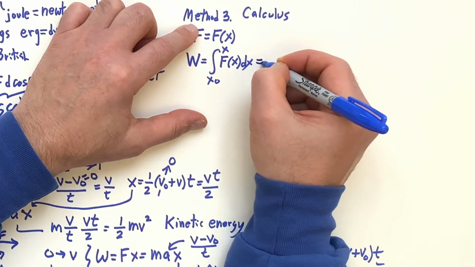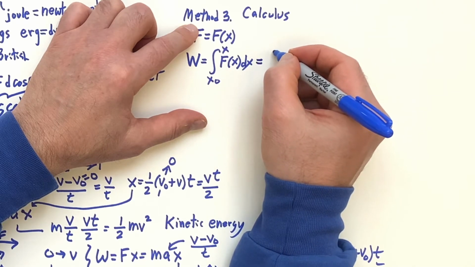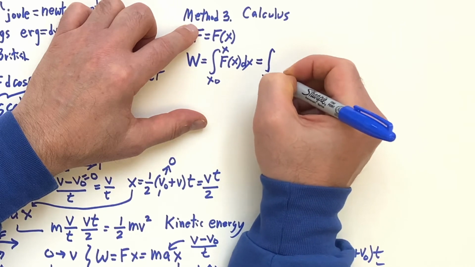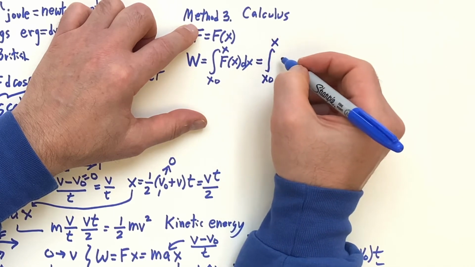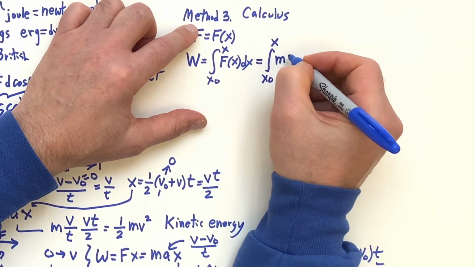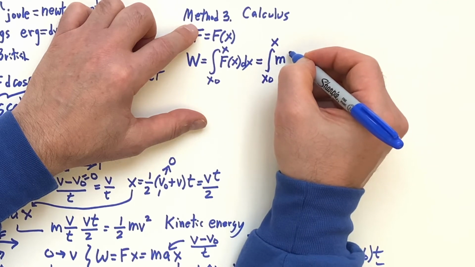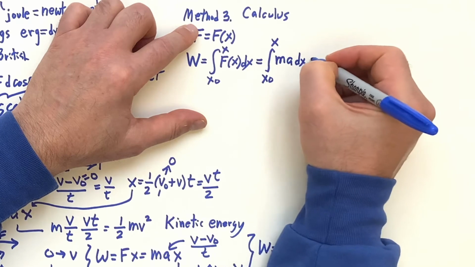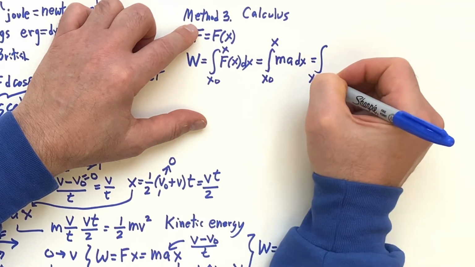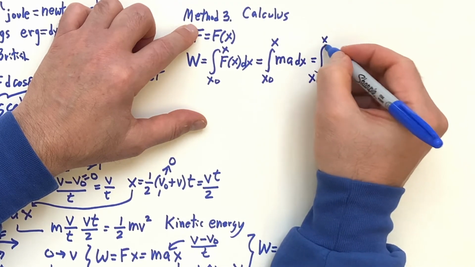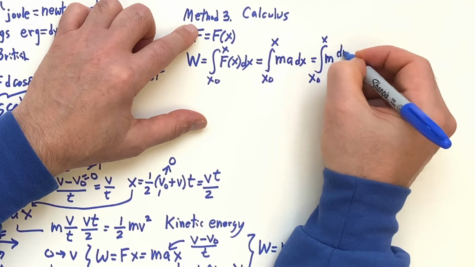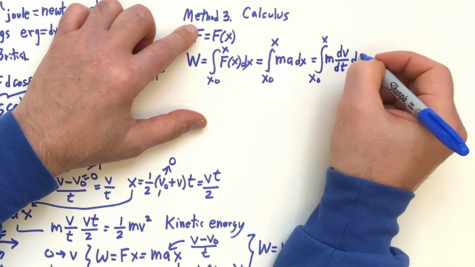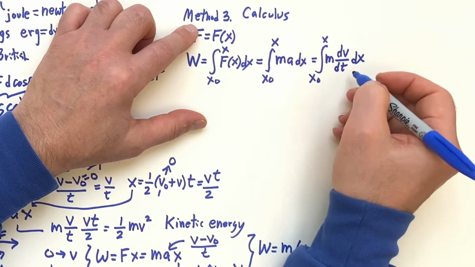then if we do that, we would get here x naught to x, like that. We would have m, a, and here ma. I'm going to write that as m dv dt. That's the acceleration, the change in velocity with respect to time.